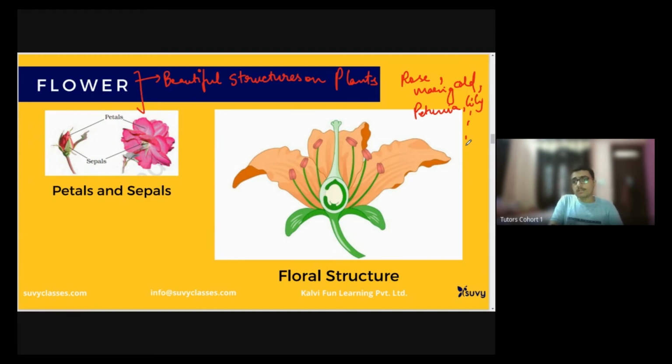So that's the thing I just want to bring to your attention, that flowers are beautiful structures on plants, with a very good, very important structure. Along with it, it plays a very important role in reproduction in plants. What is reproduction of plants?